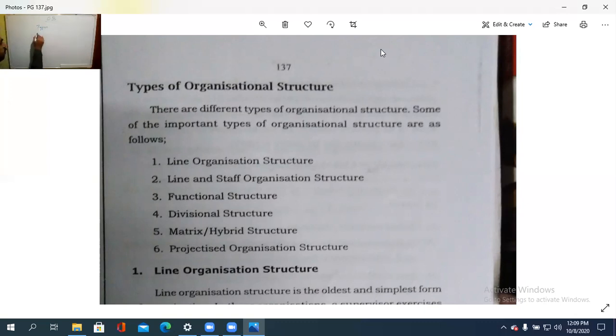One is line organizational structure. Number two is line and staff organizational structure. Then number three is functional structure.